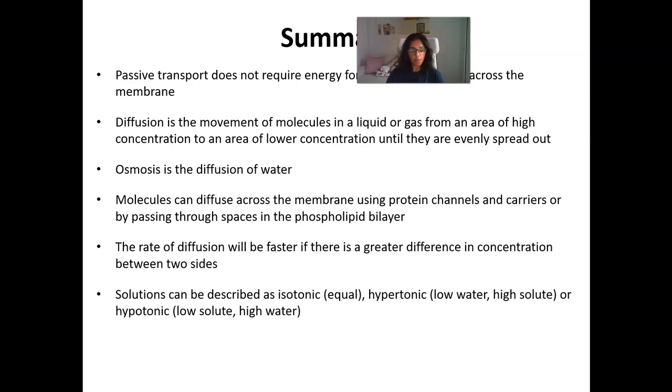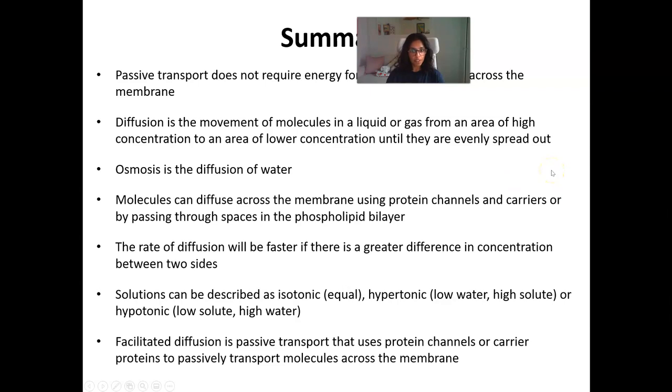Or they can be hypotonic, which means they have a low solute concentration but a higher water concentration than the cell. Facilitated diffusion is a form of passive transport that uses protein channels or carrier proteins to passively move molecules across the membrane, and that means without energy.